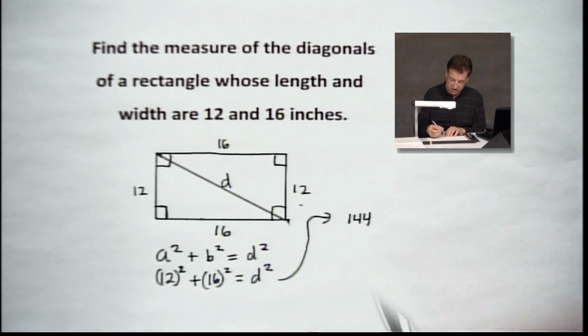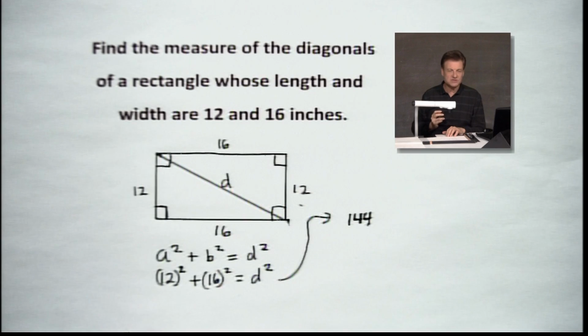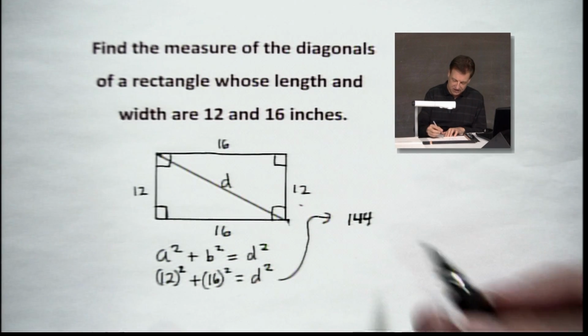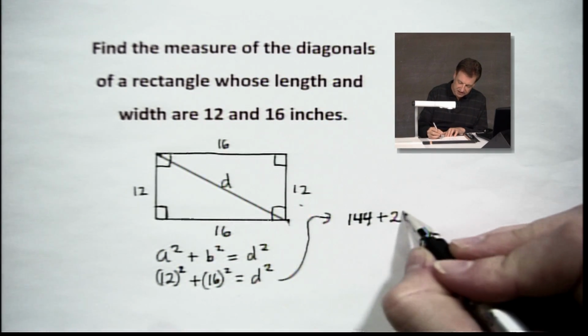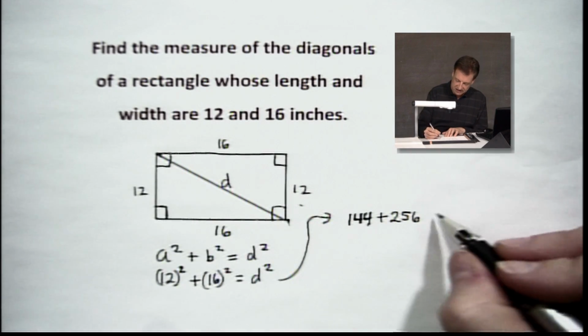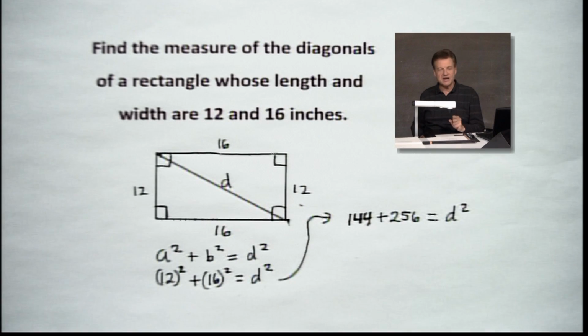A good reason to know that 12 times 12, because it pops up in a lot of right triangle situations. How about 16 squared? You've got that on the tip of your tongue out there? I'll tell you, it's 256. Good one to know also. And then we've got d squared rocking along on the tail end there.